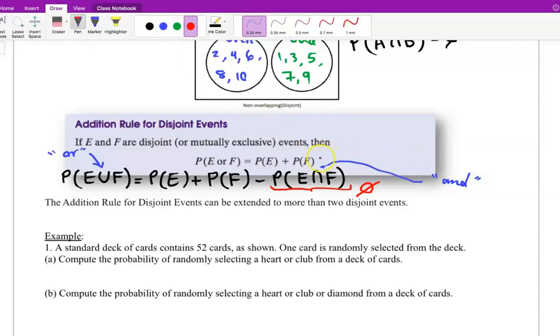What that means, if I wanted to write that part here, is minus probability of E and F. Once again, this one is the empty set. That's why we don't have that part here.